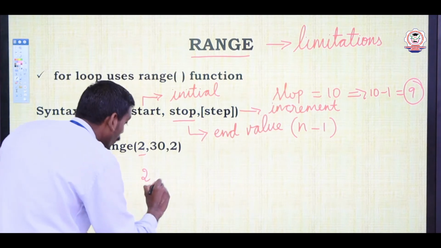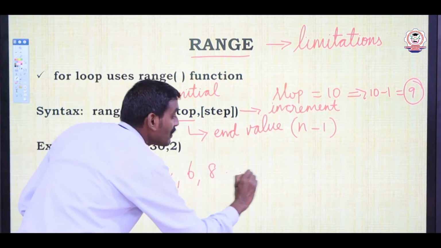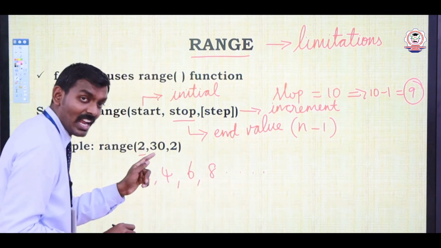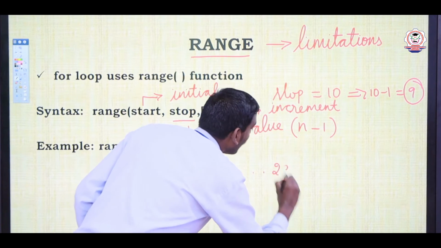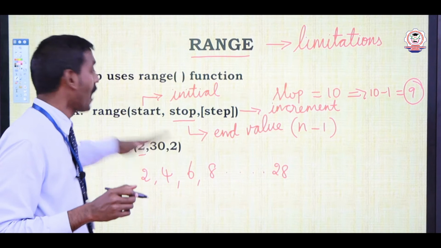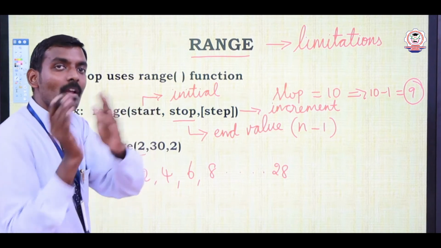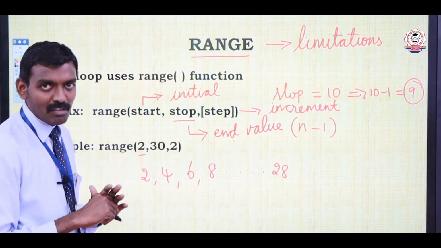What happens? 2, 4, 6, 8, up to 30? No, it will be taken up to 28. Why? Because the stop value is reduced by 1, that is the condition. Are you clear? This is the range function.